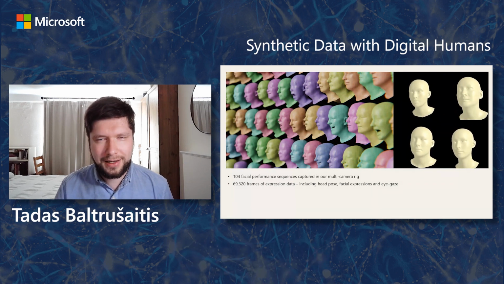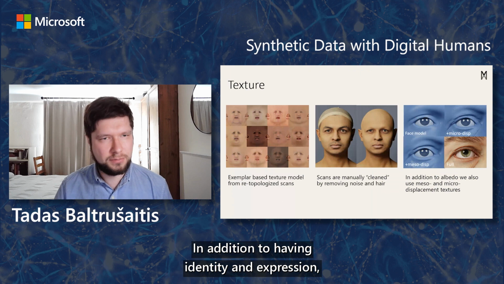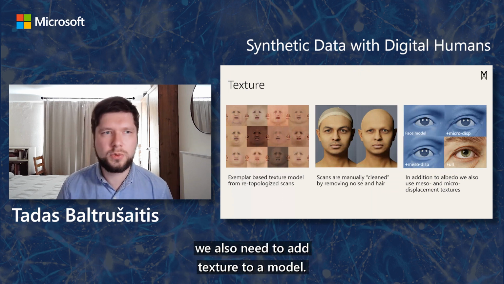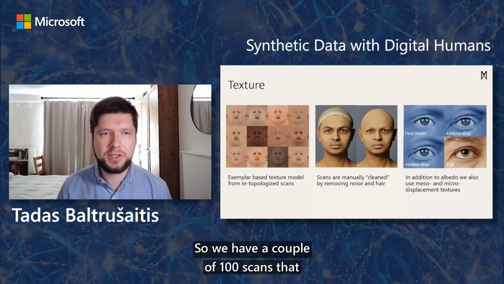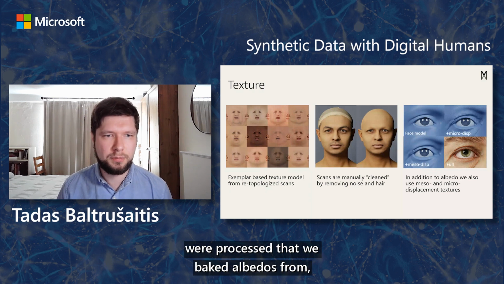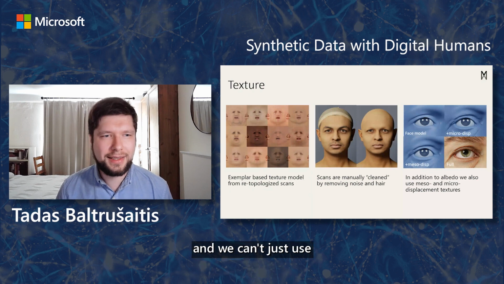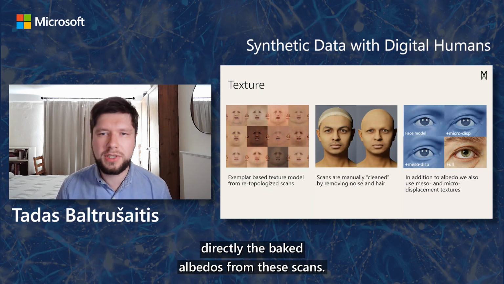Now, in addition to having identity and expression, we also need to add texture to our model. For that, we use exemplar-based texture models. We have a couple of hundred scans that were processed that we baked albedos from. And we can't just directly use the baked albedos from these scans.